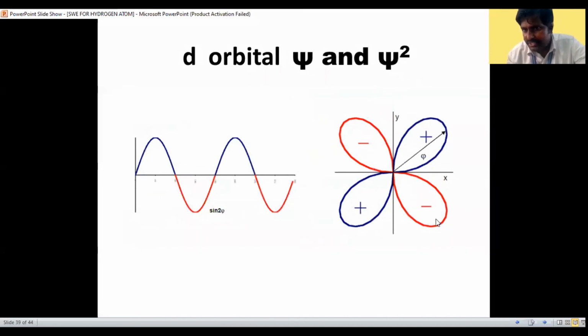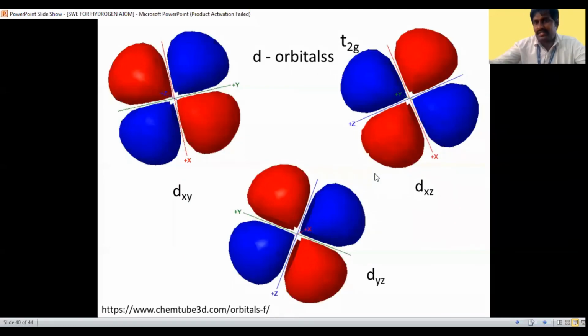And for d orbital, see that the wave function for the d orbital is this, and we have indicated the red lobe with red color and the blue lobe with blue color. And visually, if you want to see d orbitals, these are the d orbitals. See, d orbitals have two sets. One is triply degenerate and the other doubly degenerate. What is meant by degenerate? Degeneracy means they have the same energy.